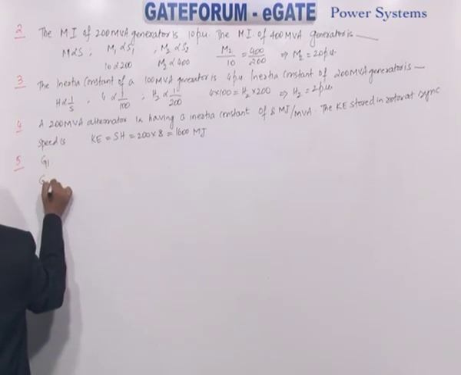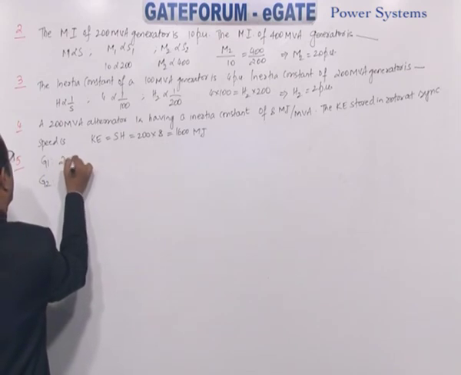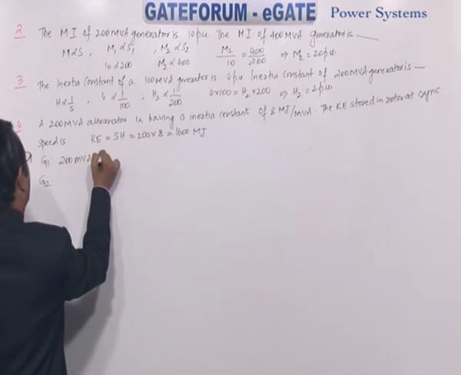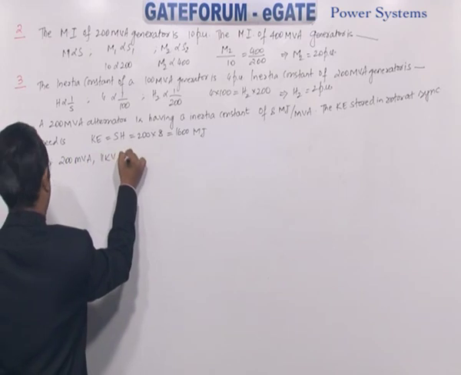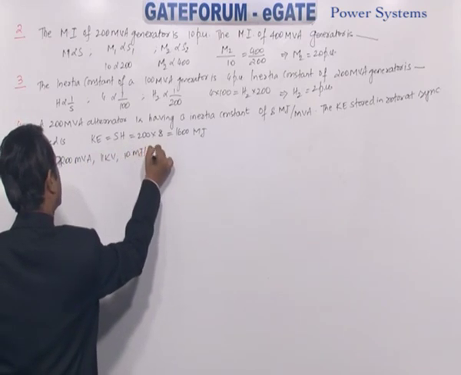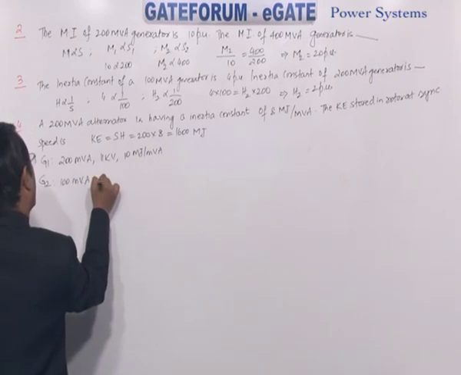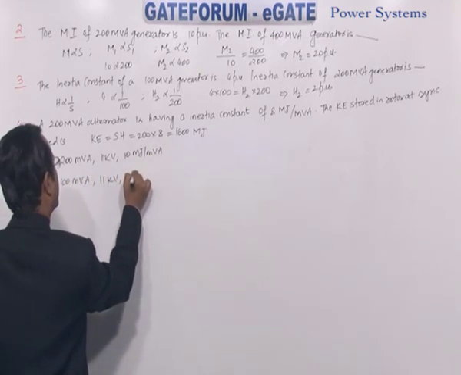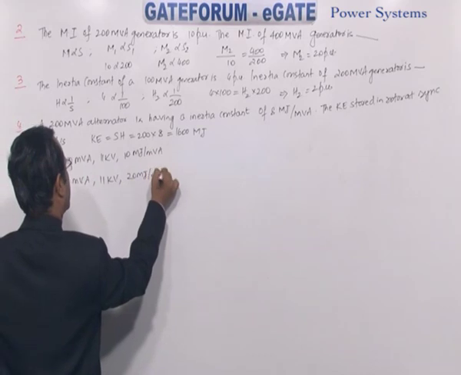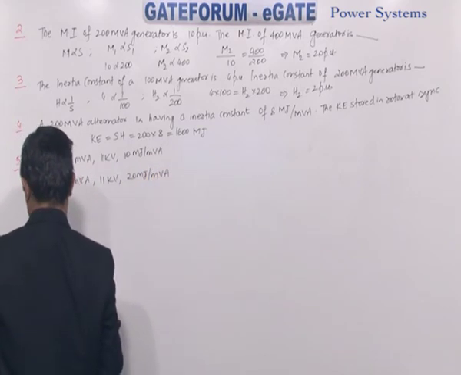So you consider the generators G1, G2. G1: 200 MVA, 11 kV, H is 10 megajoules per MVA. G2: 100 MVA, 11 kV, 20 megajoules per MVA.